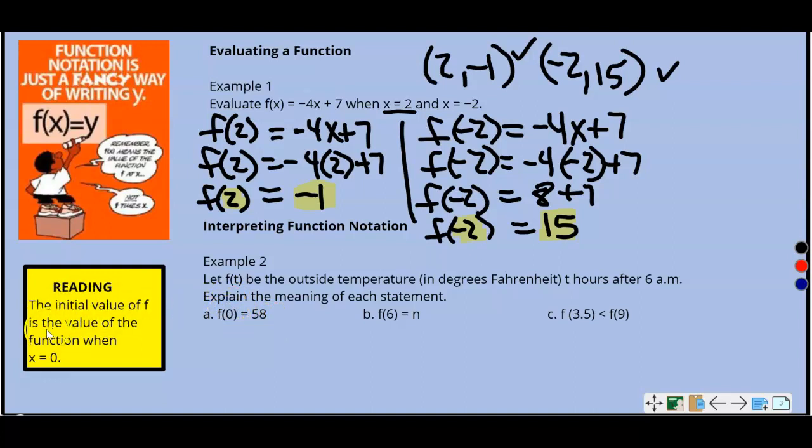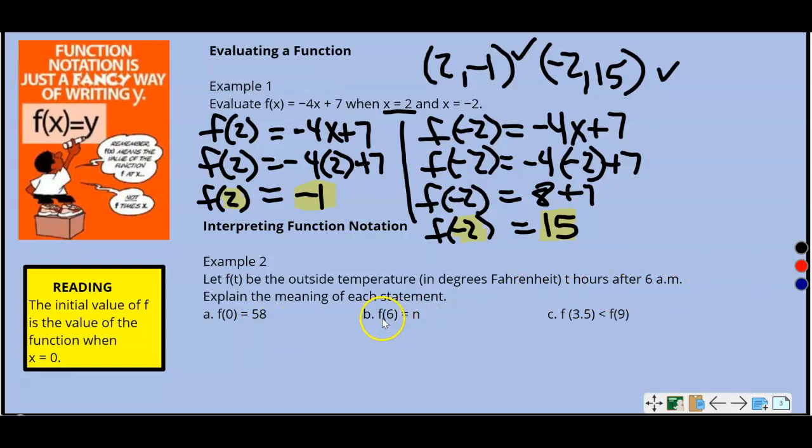The initial value of f is the value of the function when x is 0. So in this case, when t is 0, the initial value is 58 degrees. Since all of these are being determined after 6 a.m., this tells us that at 6 a.m. the temperature is 58 degrees, because the initial value is when it starts. It started at 6 a.m.